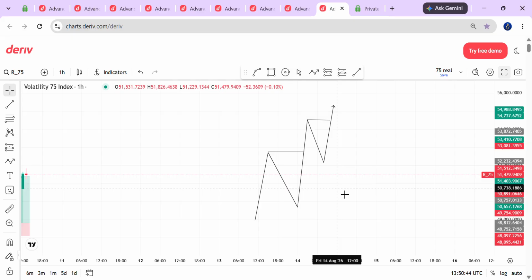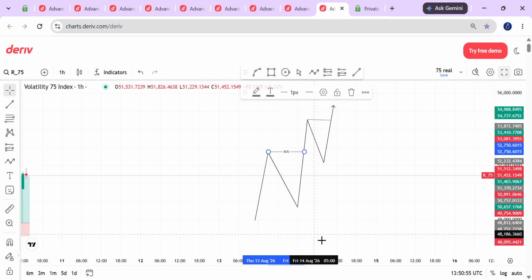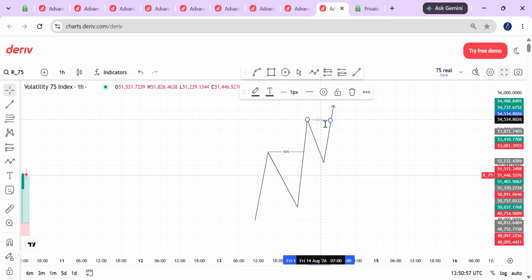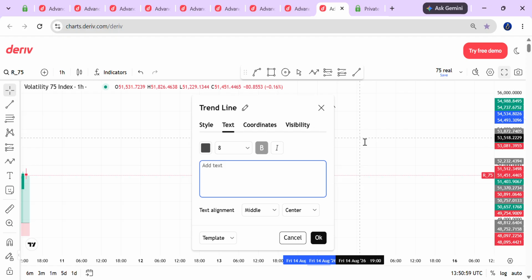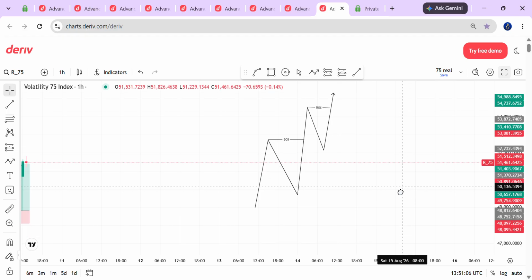So now, how can you identify a valid order block so that you can be picking your trade from a valid order block? Now I am going to mark out our break of structure. There are some things you need to see present before you can pick a trade from an order block, so that you know that okay, I'm picking this trade from a valid order block.